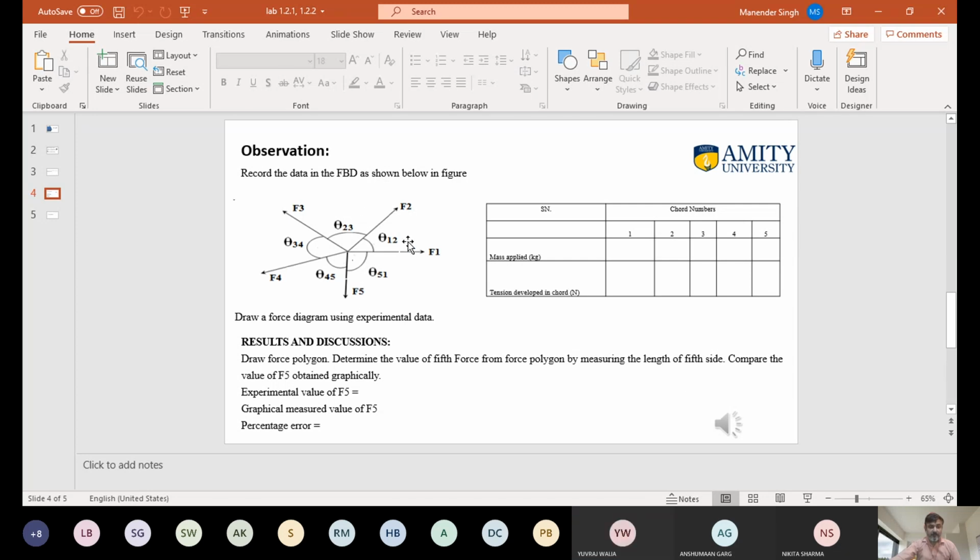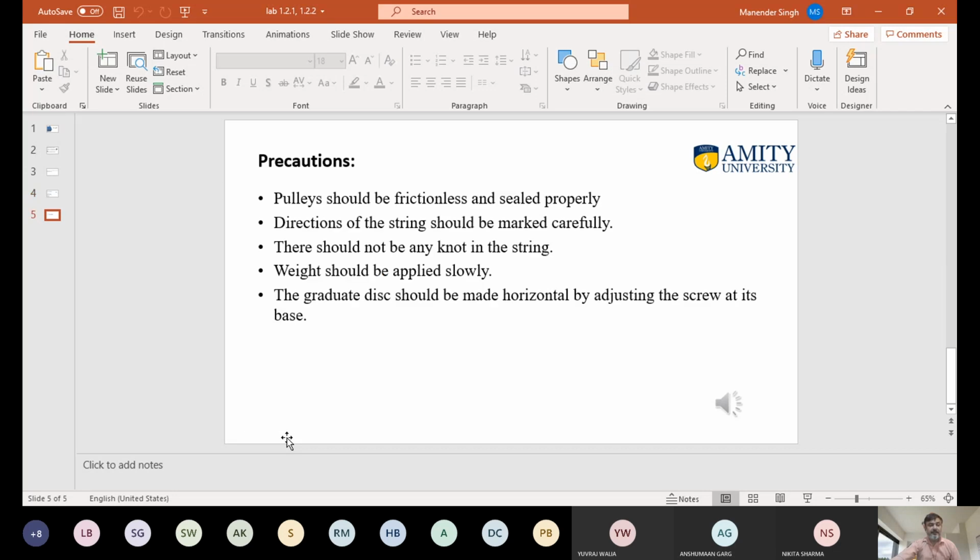There are 5 forces on the table, and compare them. The experimental value of F5 we have to write here, and the graphical value measured is given here, and we have to calculate the percentage error also.